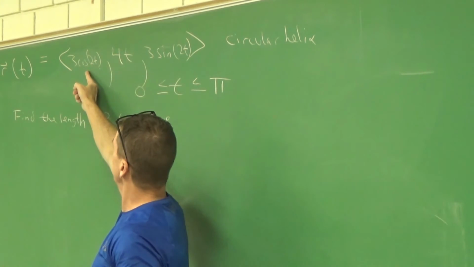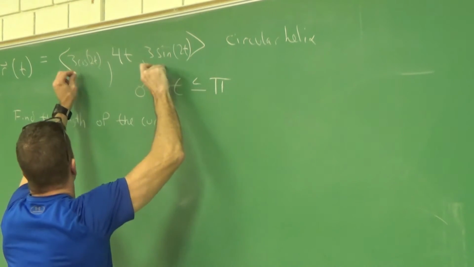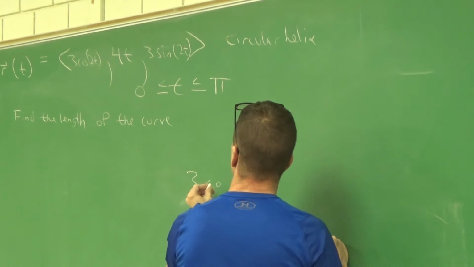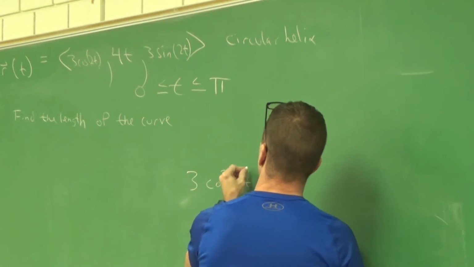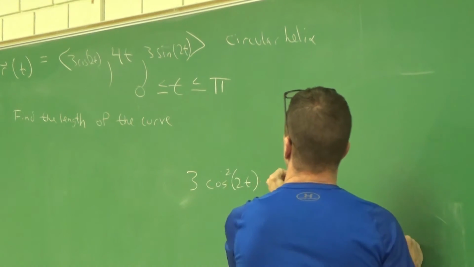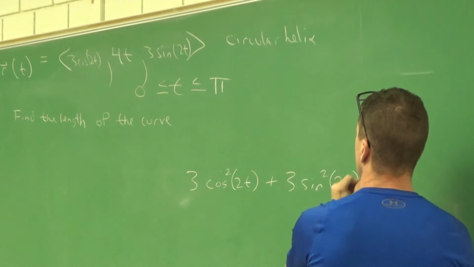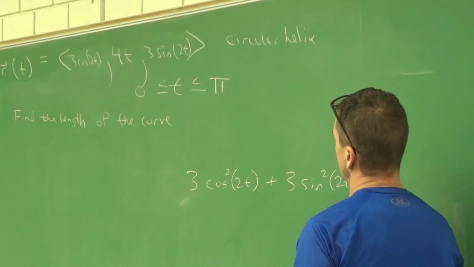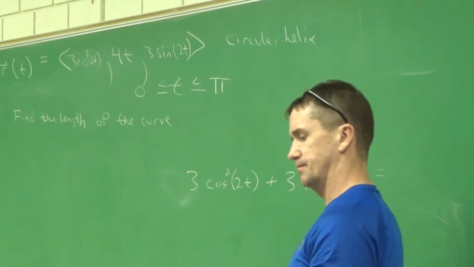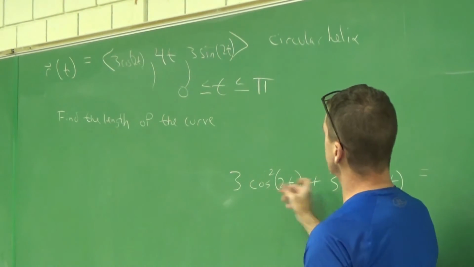Even though this has 3's in front, and this has a 4t, you can still simplify this. Just check it out real quick: 3 cosine squared of 2t plus 3 sine squared of 2t. I just want you to explore this. Isn't the path of this curve on a circular cylinder? I'm just looking at the x and the z components.